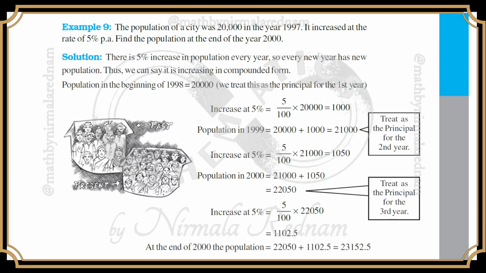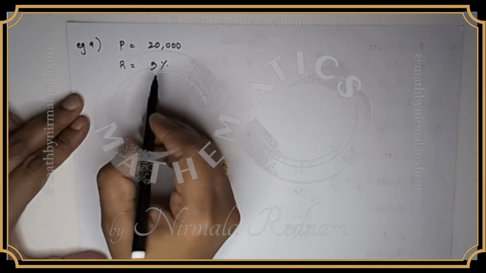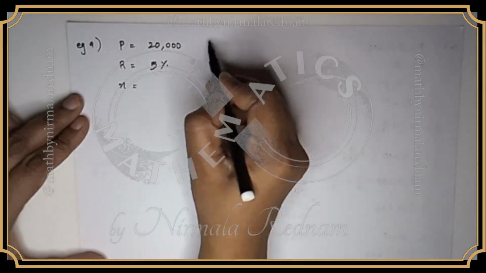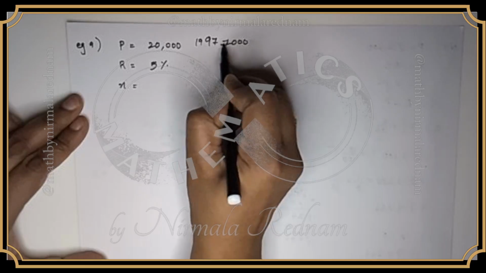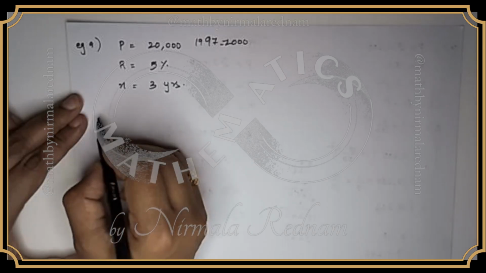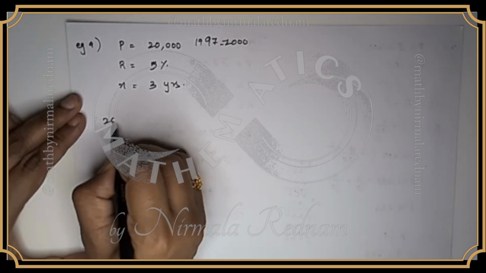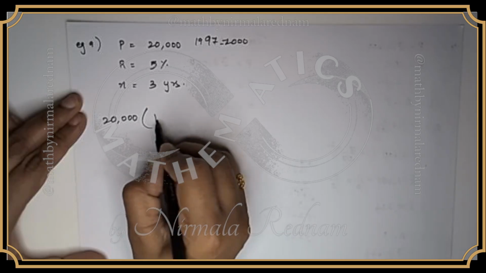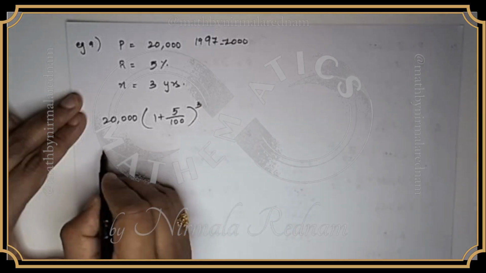It's given as 5%, so this is going to be 5% annually. Per annum means annually. And what is the time period? From 1997 to 2000, that means it's a 3 year time period. So if I apply the formula, the population in 2000 is going to be 20,000 into (1 plus r by 100) whole power n.